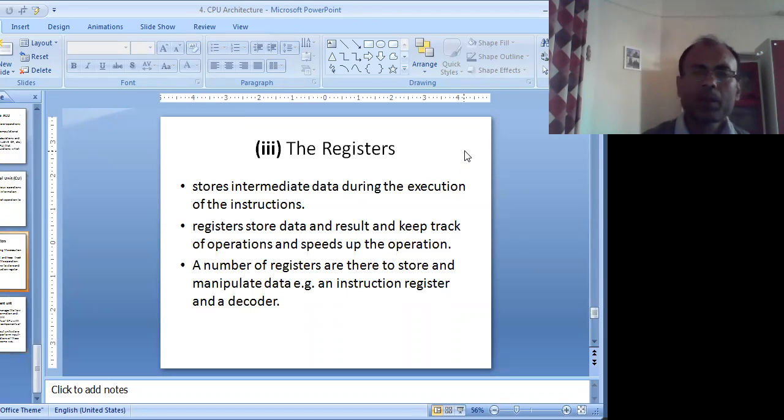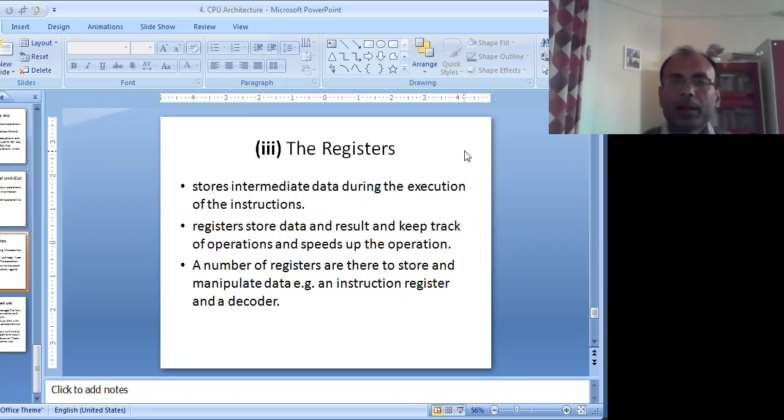Next, we can have the registers. So registers are the internal computer memory. That means memory available internal to the computer. So, internal CPU memory. Memory available internally to the CPU in the form of registers as well as in the form of cache memory. Cache memory, I've talked a little bit regarding this.